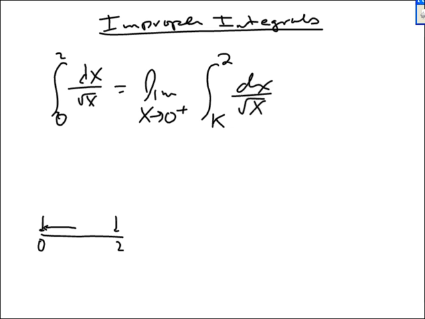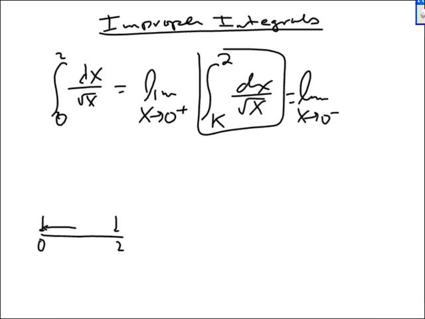Okay, so now we basically want to do this, and at the end we take the limit. So now we just keep writing limit. How do you integrate dx over square root of x? Well, remember, square root of x is x to the half. When you bring it to the numerator, it becomes x to the minus a half dx from k to 2.